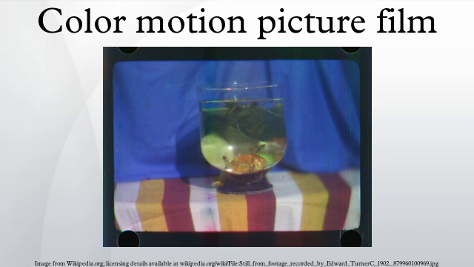By 1953, and especially with the introduction of anamorphic widescreen CinemaScope, Eastman became a marketing imperative as CinemaScope was incompatible with Technicolor's 3-strip camera and lenses.